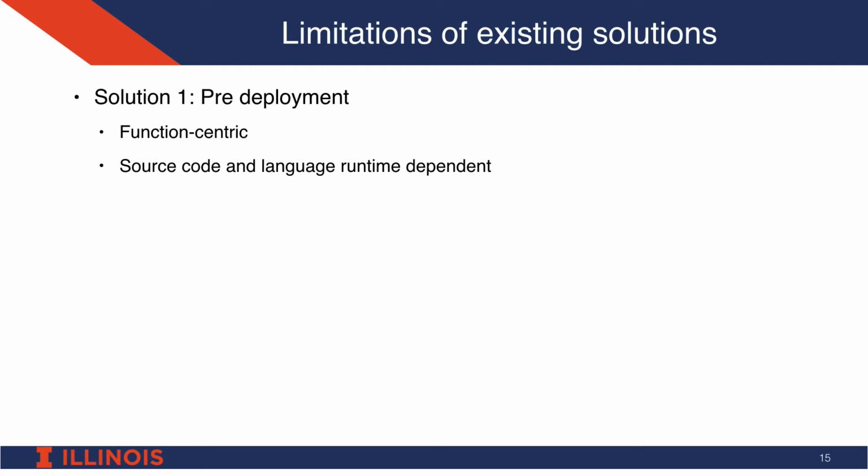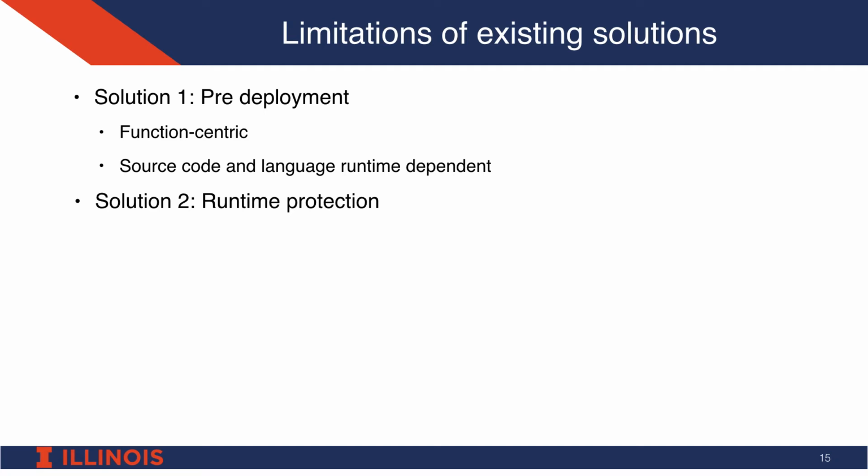However, these solutions are largely function centric and their efficacy depends on the correctness of the policies written by the function developers. And it also needs complete access to the source code. Moreover, most of the time this works only with specific language runtimes. So such pre-deployment security tools will be unable to transparently discover implicit flows among different functions in an application.